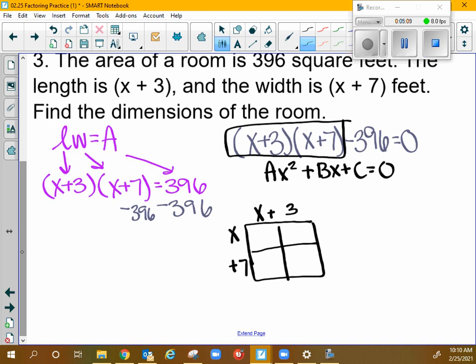Go ahead and multiply that for me really quick. X squared plus 10x plus 21. Now, add in the rest. Minus 396 equals 0. Let's combine some like terms. What's 21 minus 396? Negative 375.